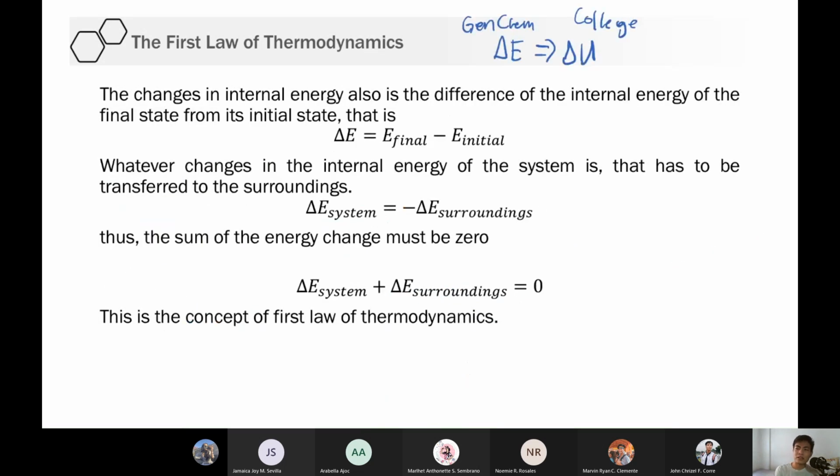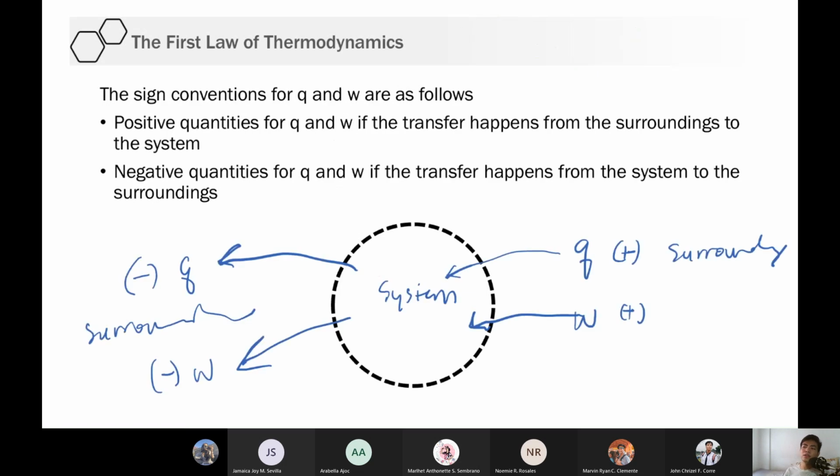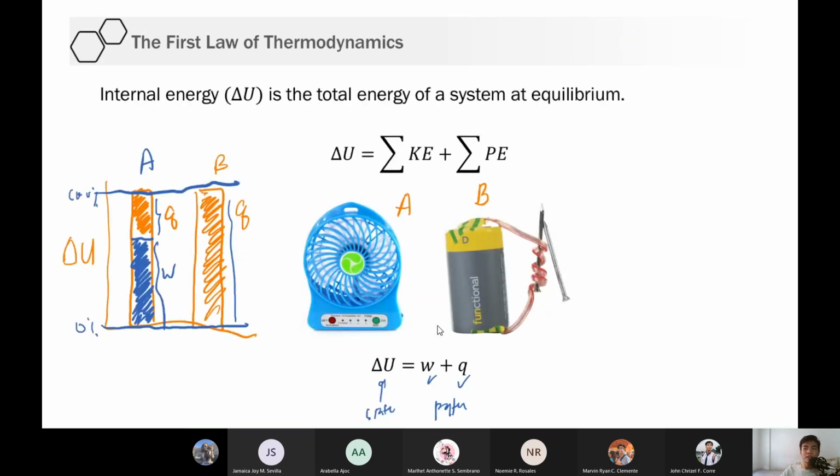And then whatever the internal energy of the system is, that is transferred to the surroundings. Okay? For example, yung internal energy ng aking battery, nasaan na siya? Nagamit ko na. Ako yung surroundings. So, ibig sabihin, yung internal energy niya, na-transfer niya sa akin. Na-transfer niya sa labas.